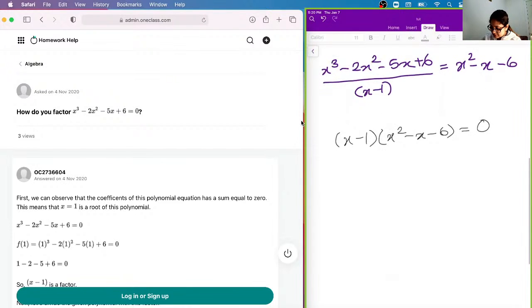As you guys could probably see, we can further break this trinomial down, right? We can factor this. It is factorable, and this is what we're going to do. So we're going to factor the trinomial now.